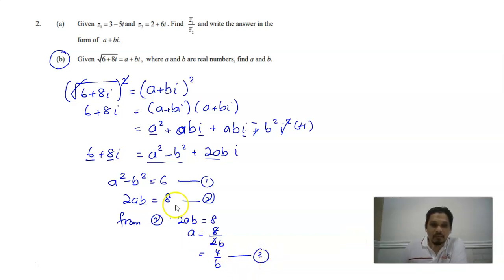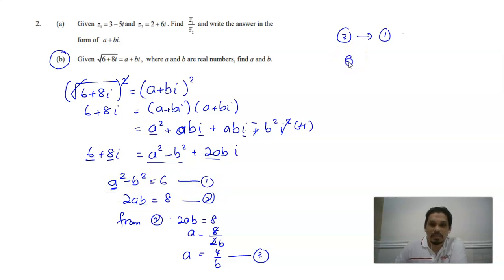Okay, from equation 2, we divide by 2b left and right, so then a equal to 8 divided by 2b, equal to 4 over b. Then substitute equation 3 into equation 1. Equation 1, we have a here.